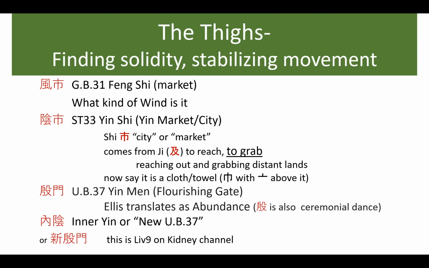You go out of town, that's why it's called a city. You're grabbing the area around the distant parts. Okay, so this is it. We're trying to reach and grab. We're trying to reach upwards, and the grabbing things is, you don't want your thighs to just sort of flop outwards, you know, like spread.